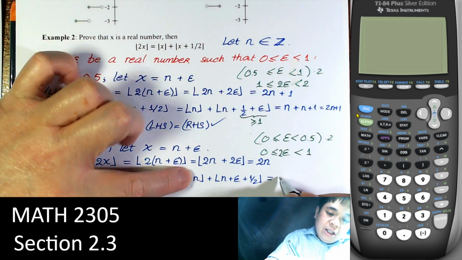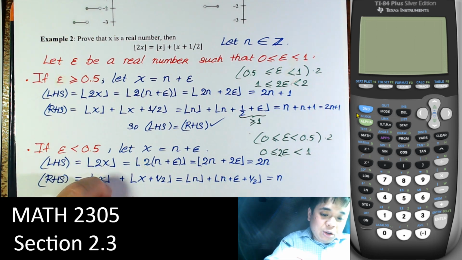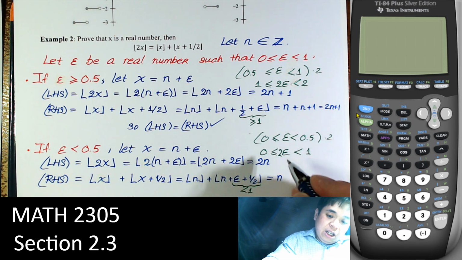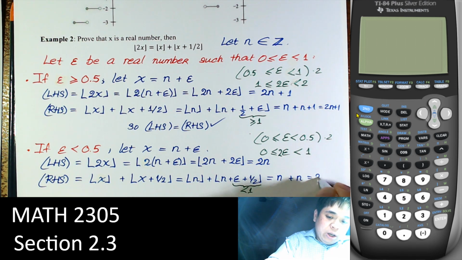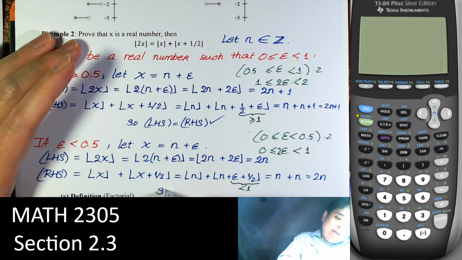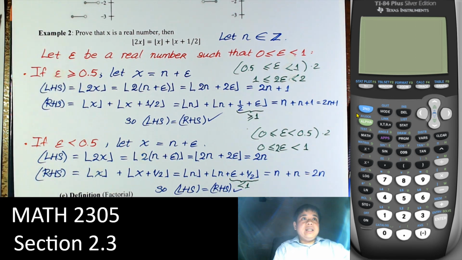Now this is just n because n is an integer. Now epsilon is less than 0.5, so this is going to be less than 1. If it's less than 1, we will not round to the next integer, so just n plus n, which is 2n. Now 2n and 2n are equal, so once again we have the left hand side equal to the right hand side. So it's good. Either case it works, so that is the proof for it.